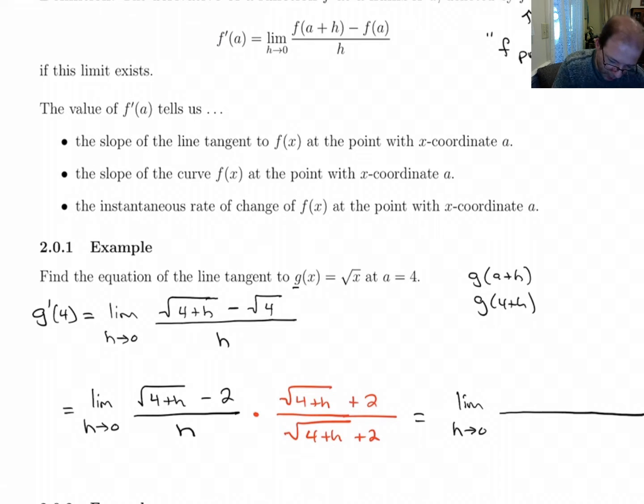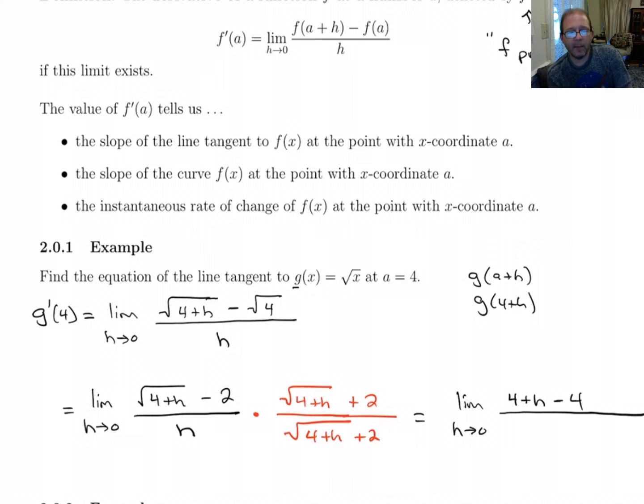When I multiply the two square roots times each other, the square roots cancel out and I'm left with 4 plus h. When I multiply these two together, it gives me plus 2 root 4 plus h, and this gives me minus 2 root 4 plus h. So those cancel, and then I'm just left with negative 2 times positive 2 gives me negative 4.